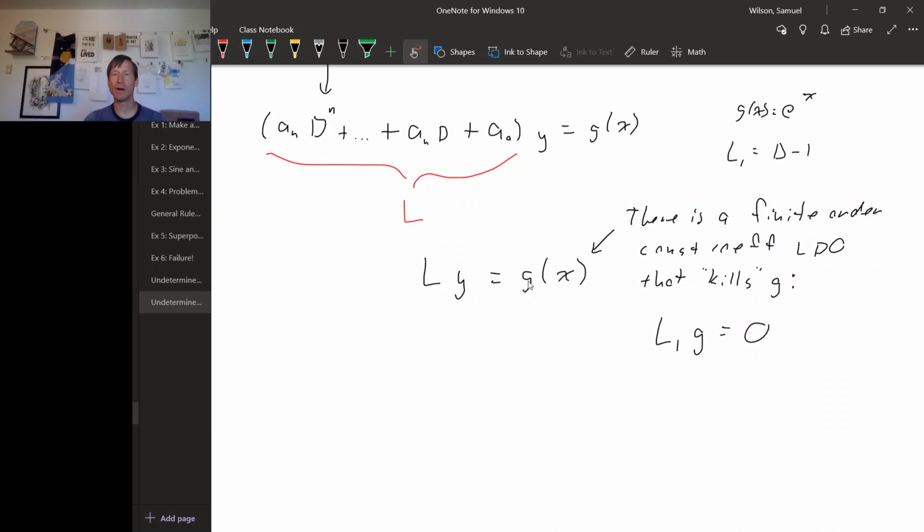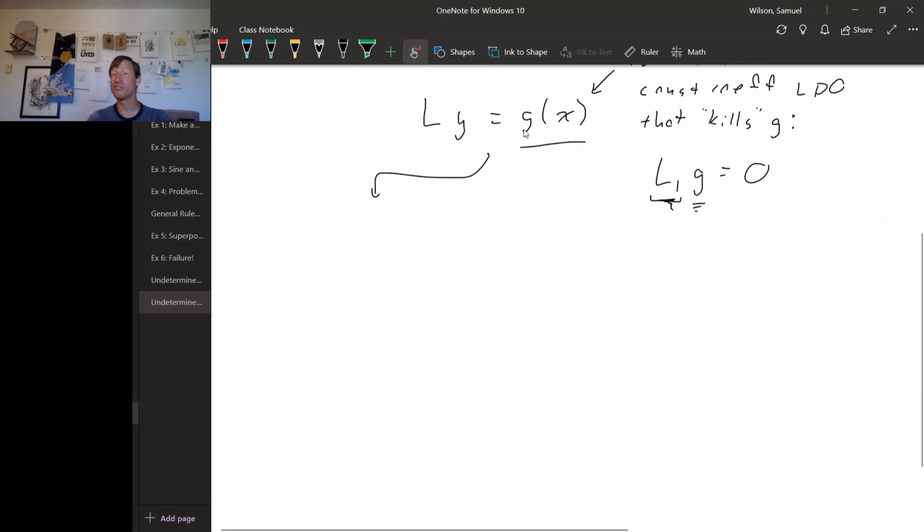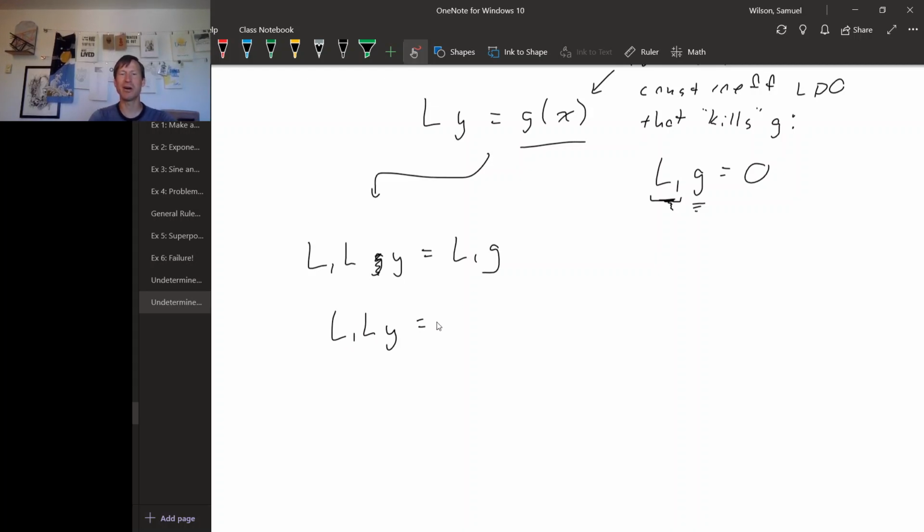Because e to the x, if you take its derivative and subtract g itself, then you get 0. Okay, so what makes undetermined coefficients work is that for the inhomogeneous term, there is some finite order constant coefficient linear differential operator that, when applied to that term, gives you 0. So the trick here is, now that we have this extra linear differential operator, we can hit both sides of the original differential equation with it. So then we get L1 L applied to y equals L1 applied to g, but remember, L1 applied to g is 0.